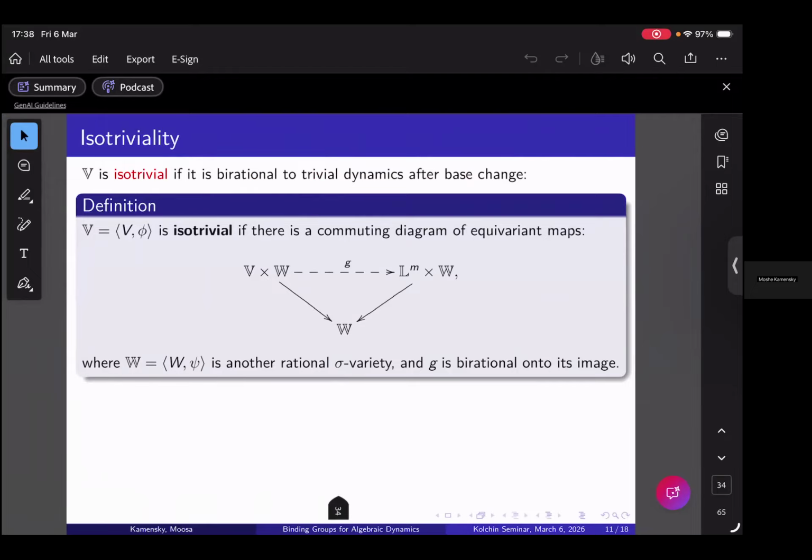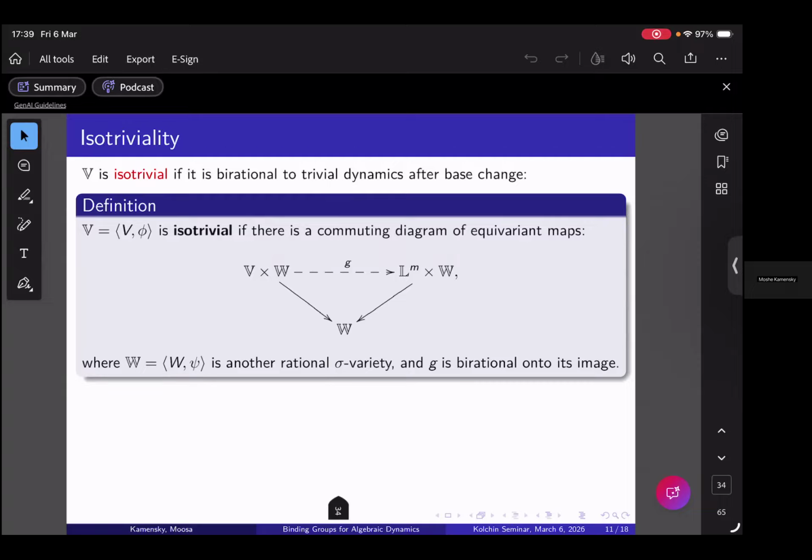You have a family of maps parameterized by this W, mapping V injectively into the trivial dynamics. Of course, if there was no W, then it just says that V has trivial dynamics.